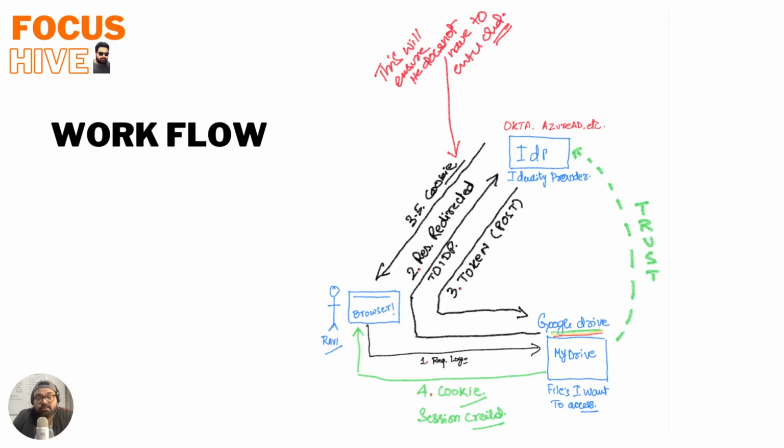Now, when you are implementing single sign-on, that is the time when you're pretty much creating this link between your service provider and your IDP, and they have a trust relationship. This is very important because if you don't have SSO configured, which means you don't have any trust with any of the IDPs, then you are not using SSO, and then this workflow doesn't apply to you, right? So this green line, this green dotted line of trust has to be there to start with, right?